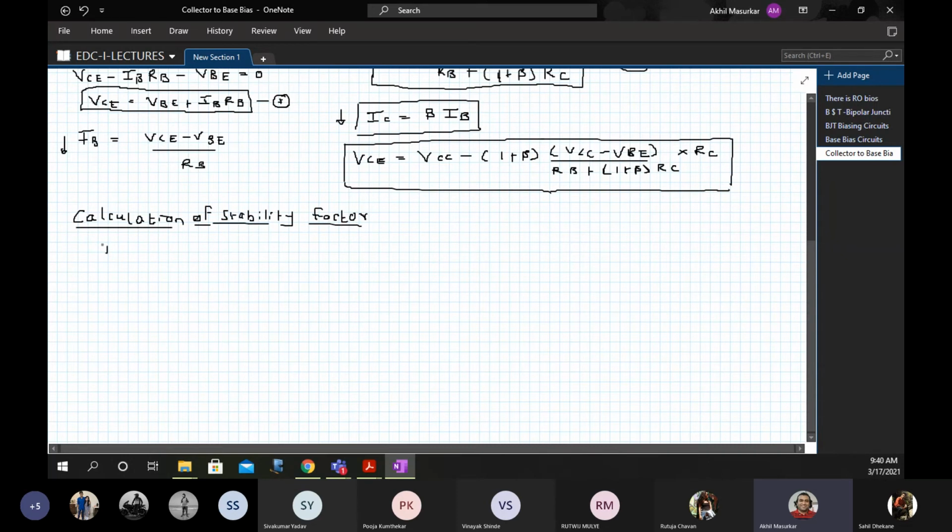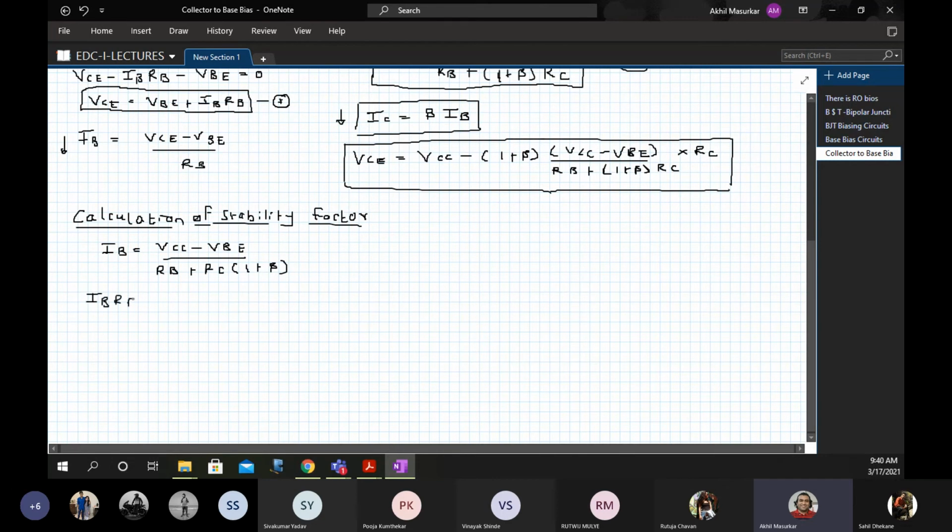So what is the equation for IB? Because every now and then we have to differentiate IB, so that way we have to do. So the IB equation is VCC minus VBE upon RB plus RC into 1 plus beta. But if I try to differentiate this, I'll go crazy. So I am just opening this up.